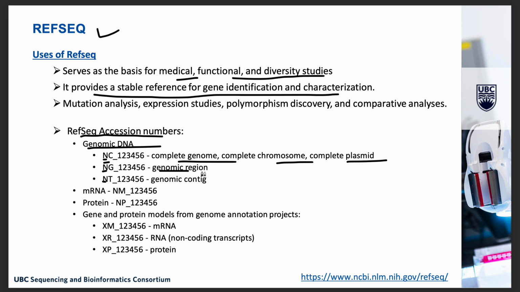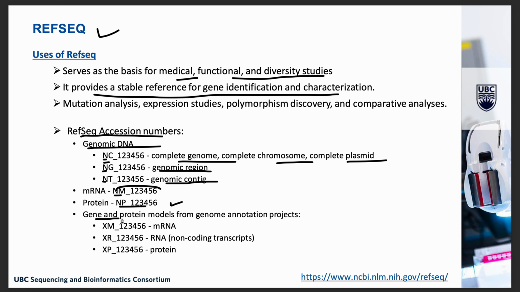NG stands for genomic region, and NT stands for genomic contig. And if the accession belongs to any messenger RNA, then it would start with NM, and if it starts with NP, it means this is the protein RefSeq accession number.